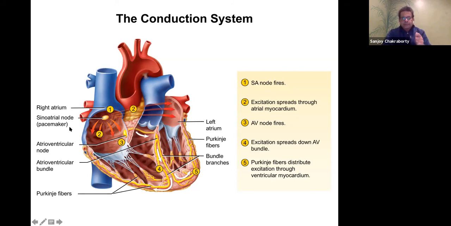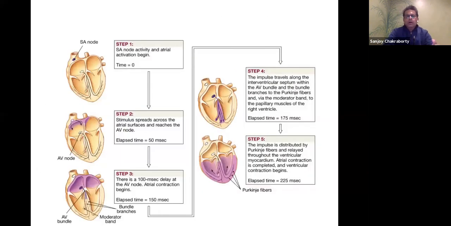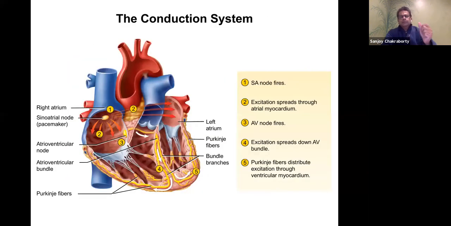They set up the pace of the heart, like how the heart will beat every minute. We know that on average the heart beats 70, 75 times per minute. So that many signals the SA node is creating per minute. So the SA node is commonly known as the pacemaker cell for the heart.